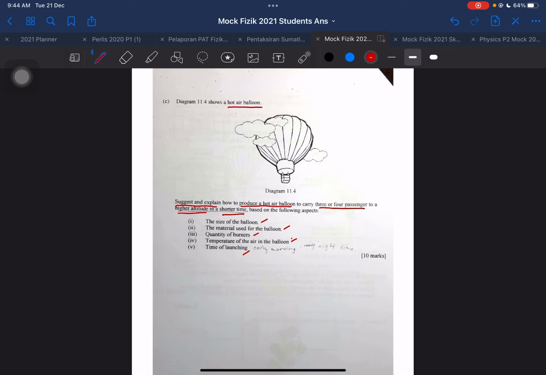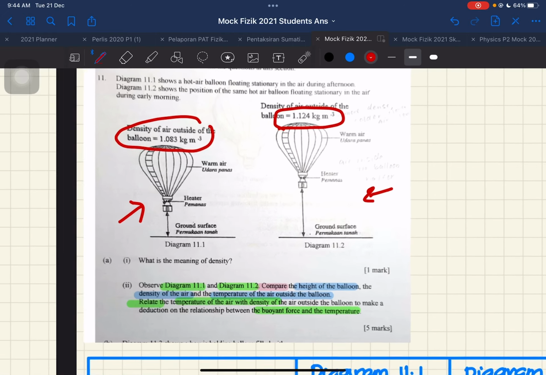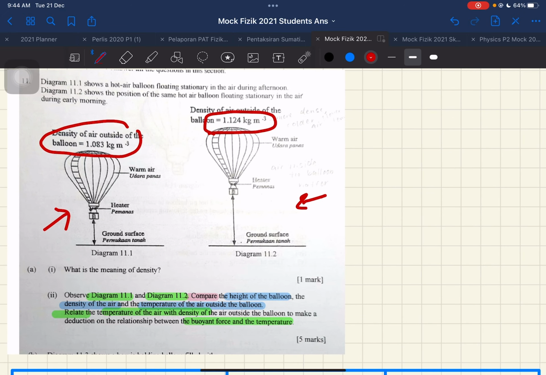Okay, so actually, the idea to answer this question, if you look at this part, can give you the idea. So if you want the balloon to rise up higher in a shorter period of time, you need to focus on buoyant force. So the buoyant force must be as big as possible. This is your aim.